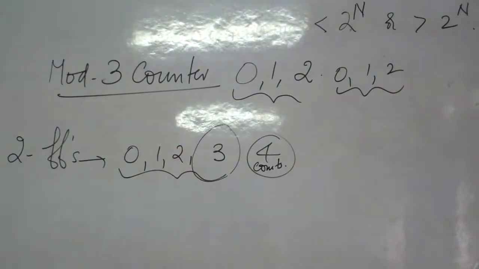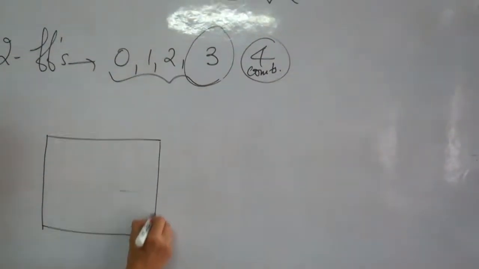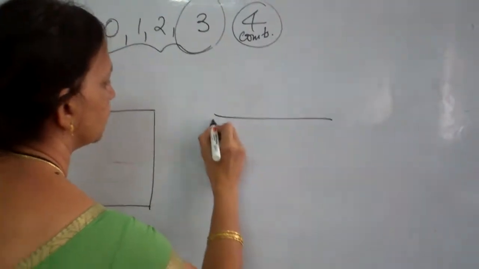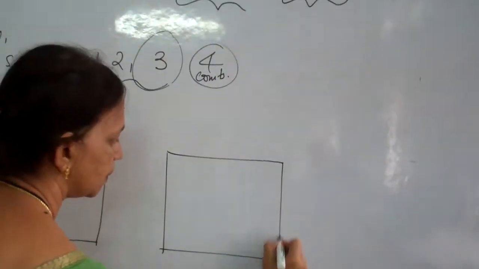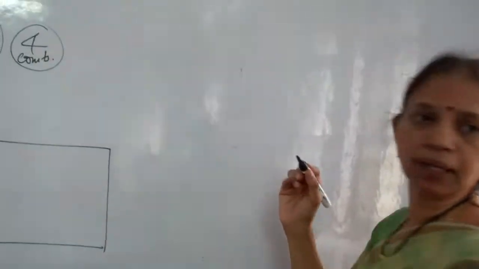So now how do you do this? Take down the logic diagram. First step is that you need 2 flip-flops and the truth table.